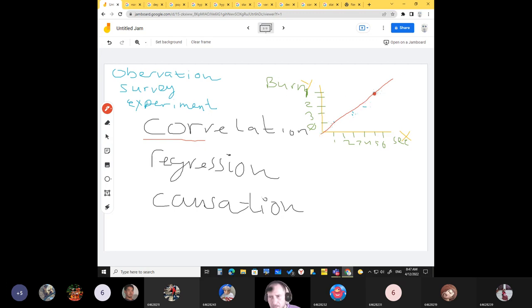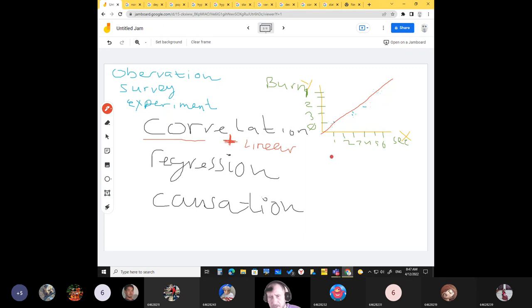It's a line. We can draw a line, and it goes together. The more you hold the hand over the fire, the more severe burn you have. So it's a positive linear relationship, you can put a line.